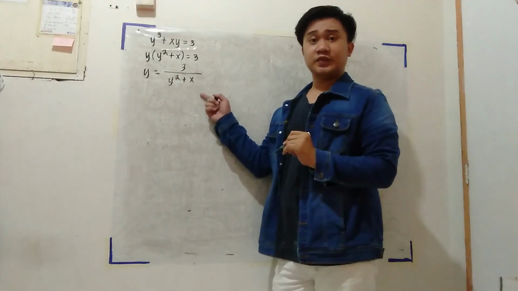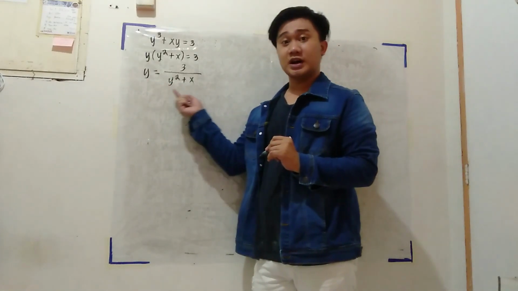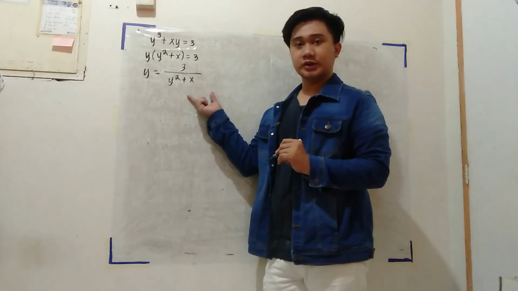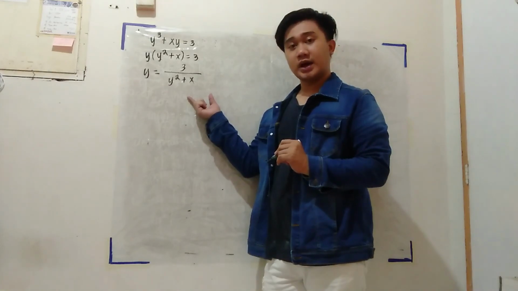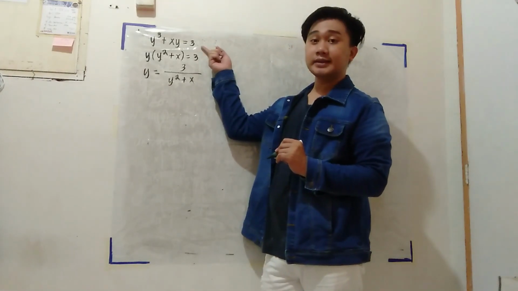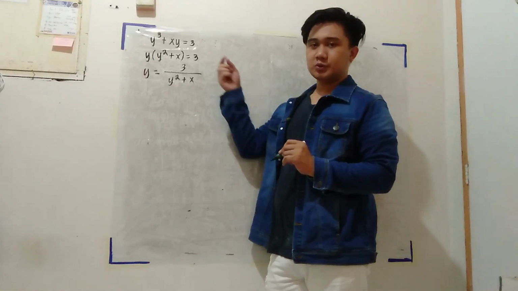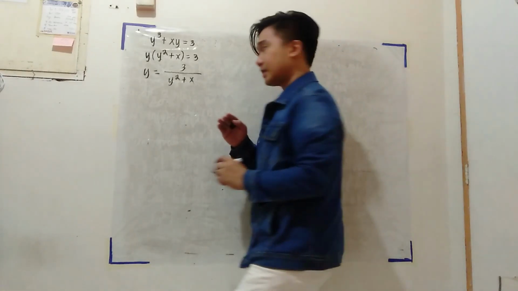As you can see from this example, you cannot express y as a function of x. So in this case, hindi to explicit function, rather this is an implicit function. That is why we're going to differentiate this one implicitly.